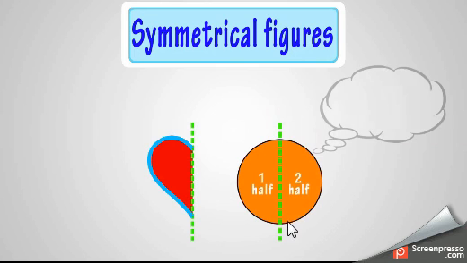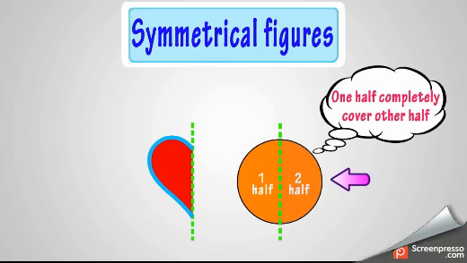If I have a circle, now I want to fold it into parts, the first half and the second half. If I put this half on the other half, one half completely covers the other half. We will see now.